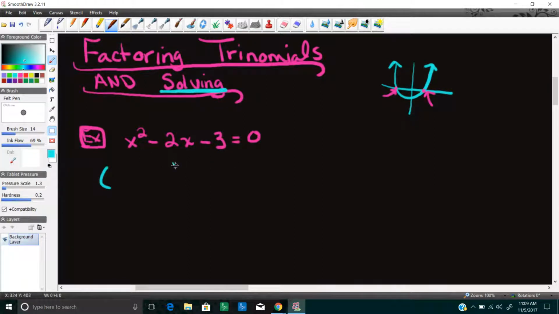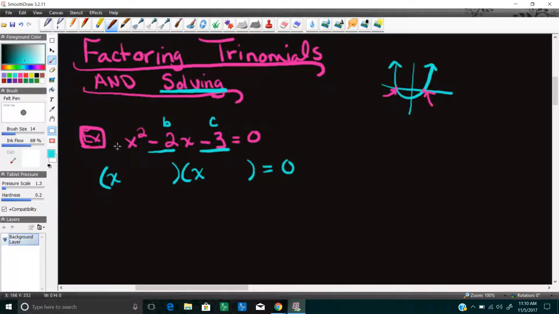When we're factoring, we typically have two sets of parentheses. We have an x, or whatever the variable is, in each one. And we have two numbers that multiply to this coefficient, the c, where this is our c, and add or subtract to the b. This is the b right here. a is not important in this case.